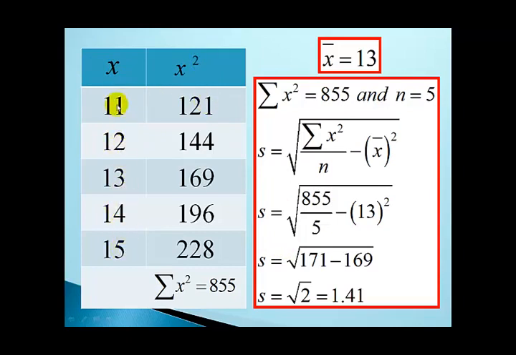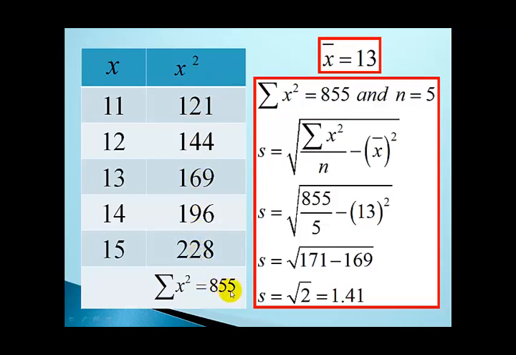Now when we square 11, we have 121. When we square 12, we have 144. 13 square, 169. 14 square, 196. 15 square, 225. Now take note that 15 square is 225. Please, summation of x squared. When we sum all these values, we have 855.